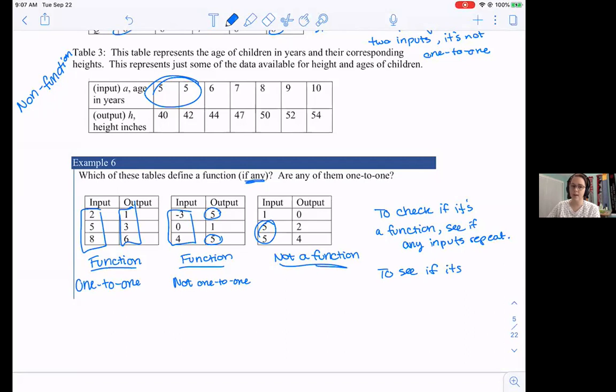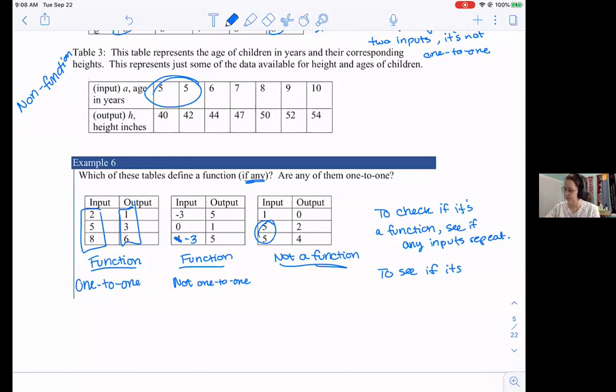But there is one case, if your inputs repeat and the outputs are the same. So for example, if they had made this one -3, that still would have been a function. They just listed it twice. So as long as it still maps to the same output. If it's the exact same input and output repeating, it doesn't matter.